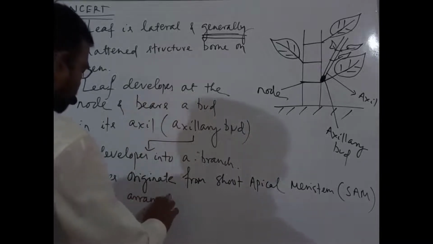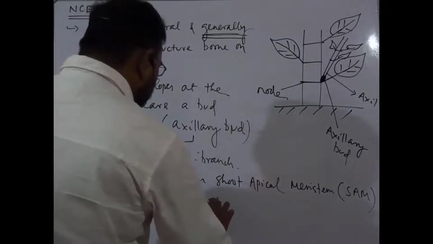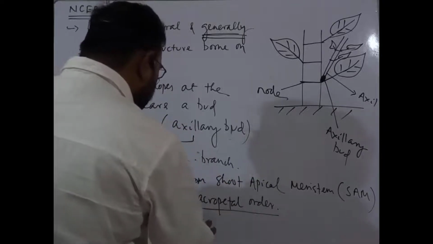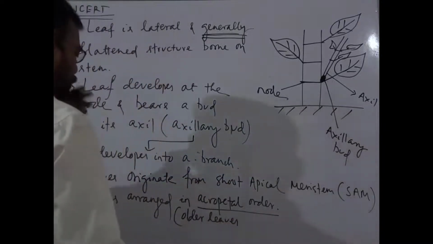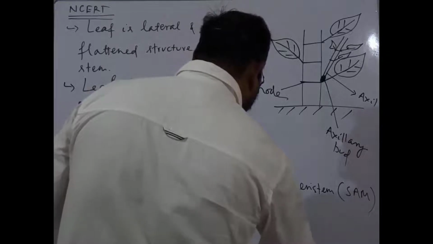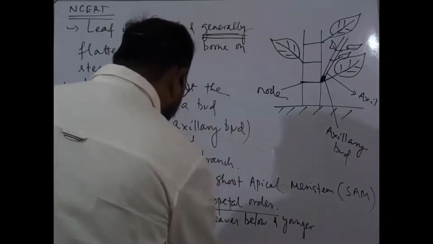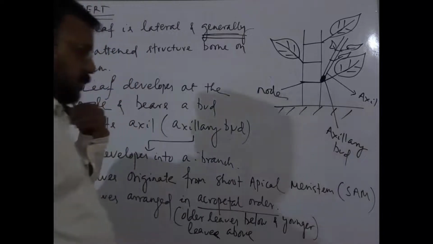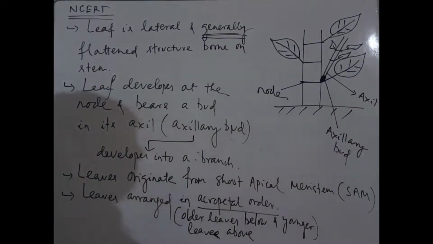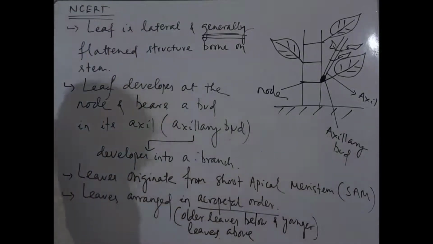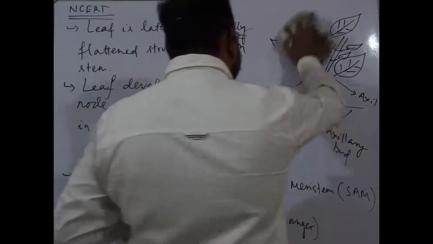Leaves arranged in acropetal order. So what do you mean by this acropetal order? It means older leaves below and younger leaves above. Older leaves below and younger leaves above. Like a branch or stem, as it grows, the new leaves will be toward the top and the old leaves will be toward the bottom.